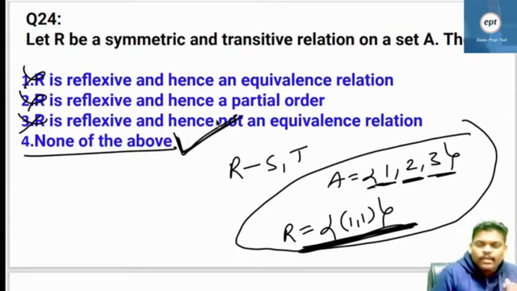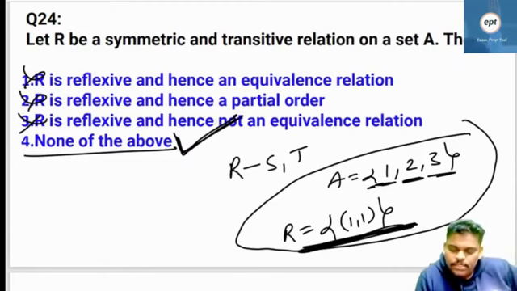Is it okay? Will you agree? See this one. Symmetric and transitive implies reflexive.